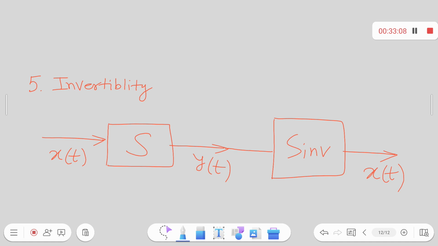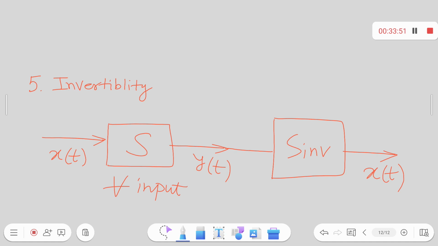Now had this been the case, and if this is true for all x of t, y of t combinations, for all input combinations, because the signal property is based on, as I told you last year, for all possible independent variables. System property is based on for all possible signals. Now, if this condition holds good for all inputs, then I can call the system an invertible system. And properly you have to get that particular x from where you have obtained y of t.